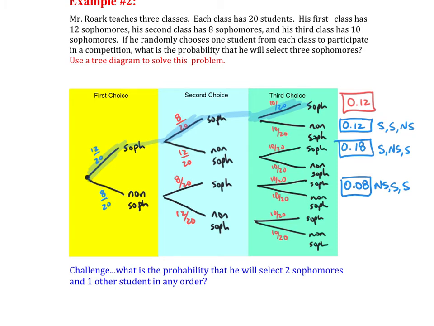Now to total all of this up, we just add up each one of these. So if we take 0.12 plus 0.18 plus 0.08, we get a total of 0.38, and that would be the probability that he would pick 2 sophomores and 1 non-sophomore in any order.